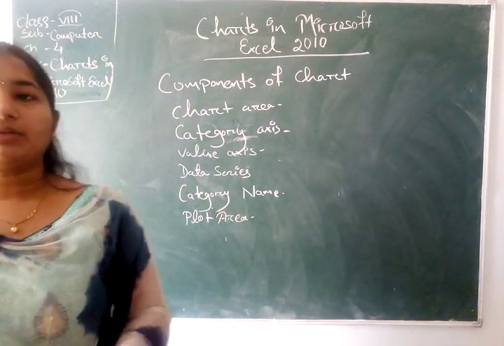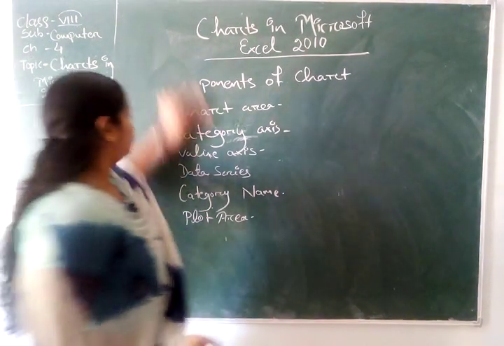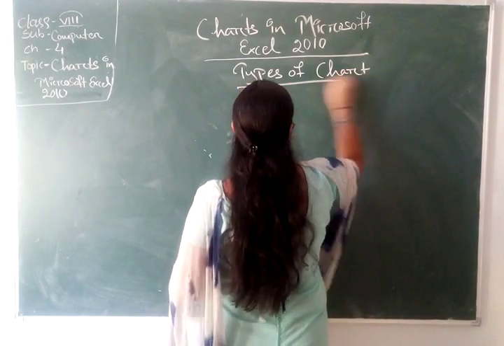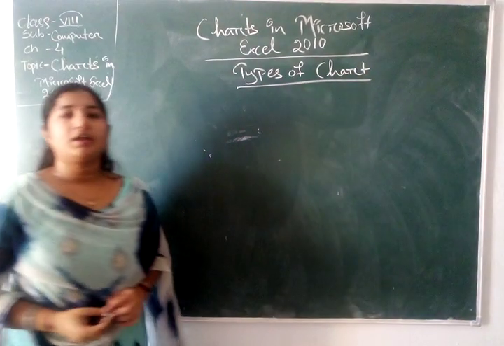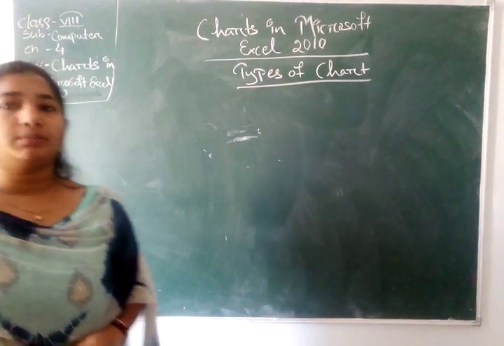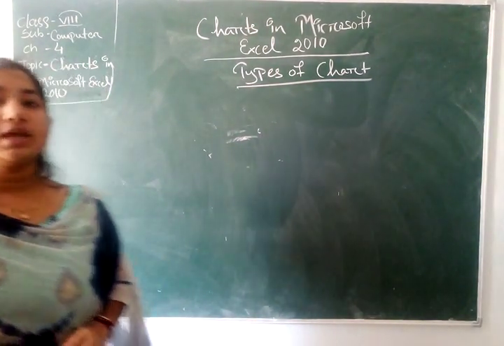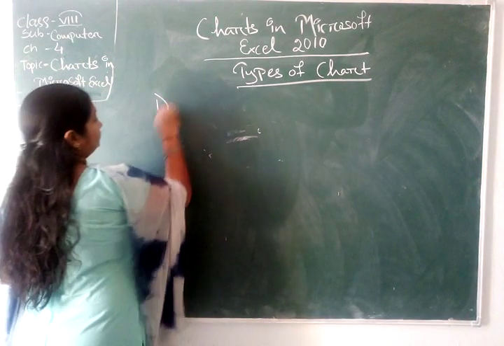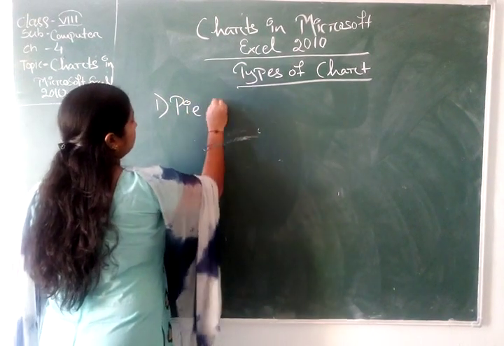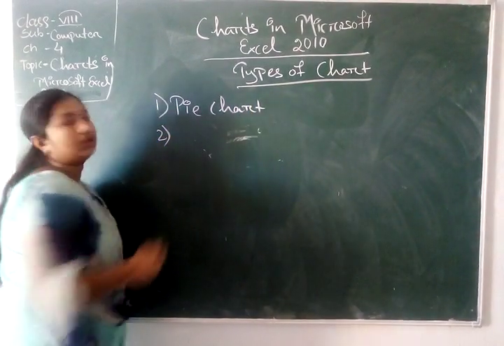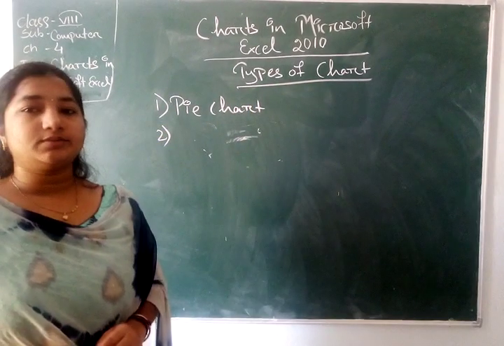Now we discuss types of chart. Common types of charts are there. First one is a pie chart, and the second one is column chart.